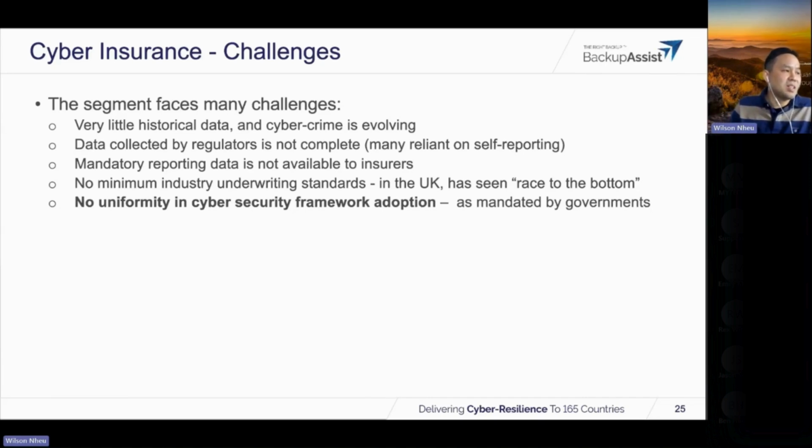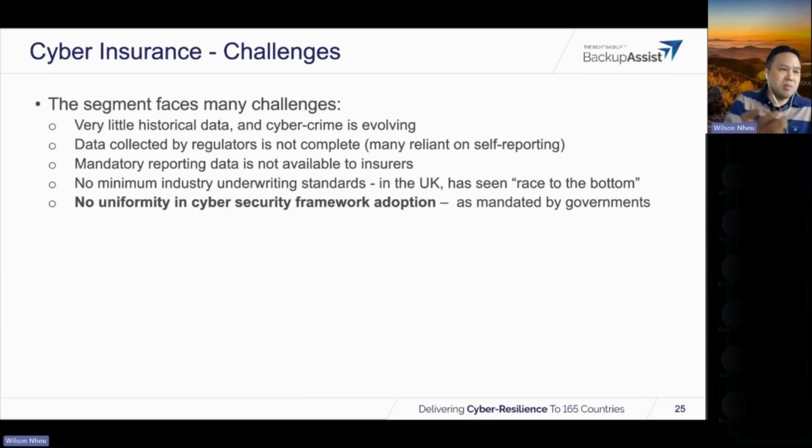There are data that's collected by regulators, but a lot of that is self-reported, right? As we know, there are people who wouldn't want to report data because it might actually affect their reputation. Even with mandatory reporting requirements, a lot of that data is actually not available to insurers.